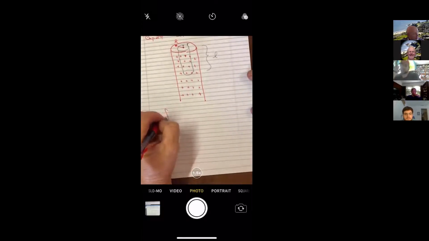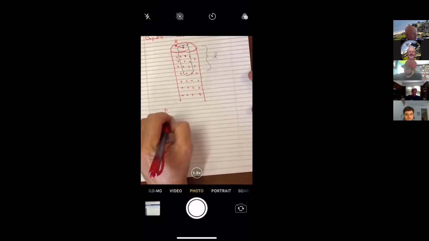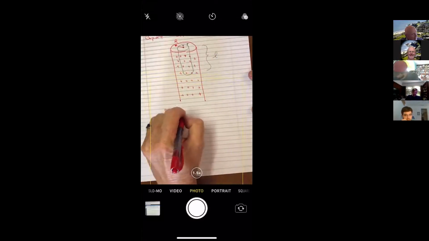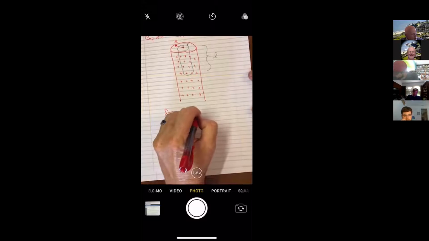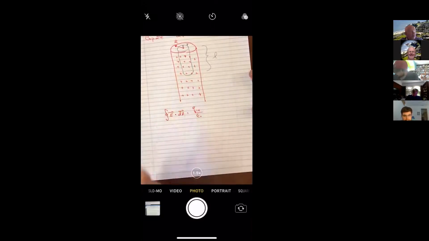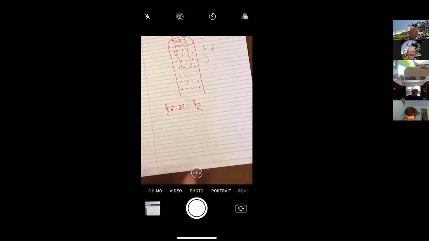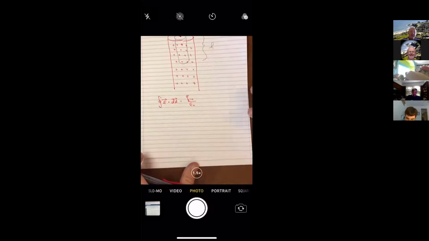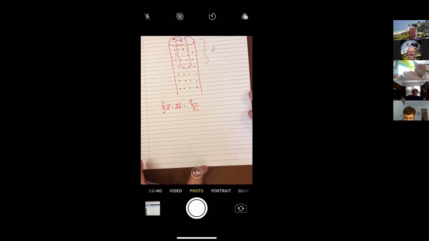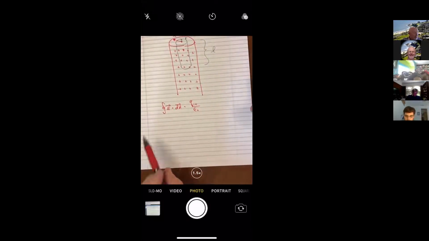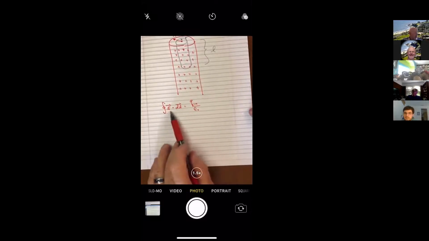So I'll write Gauss's law here: the integral of E dot dA equals the charge inside over epsilon naught. And Gauss's law, as I've been saying a couple other times today, you've got to visualize a lot of this.